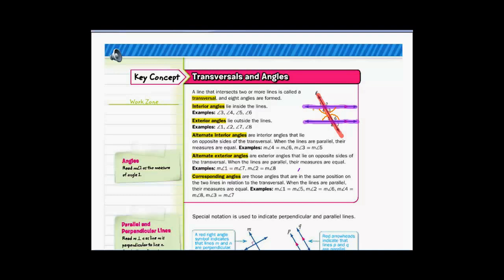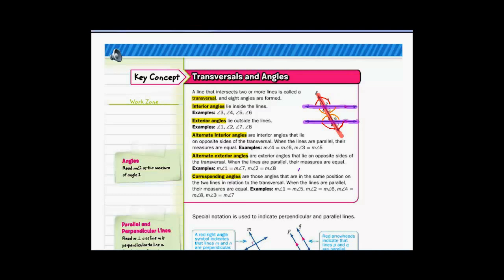Whenever I talk about exterior angles, if I were to talk about the exterior part of your house, what would that mean? That would mean the part that is outside. So like 1 and 2, 8 and 7, these angles right here, those are exterior angles because they are outside of these parallel lines. They're outside of them.